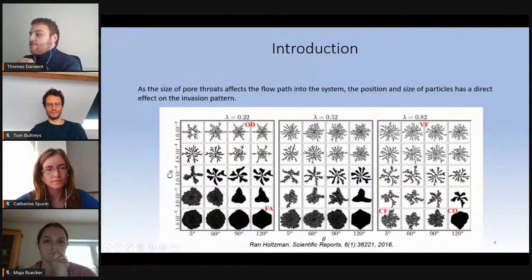So if you look in this top left corner and you look at different disorders, you get completely different patterns just by varying this disorder. And what we're investigating in these projects is how this has an effect by varying the properties of the system in different ways.